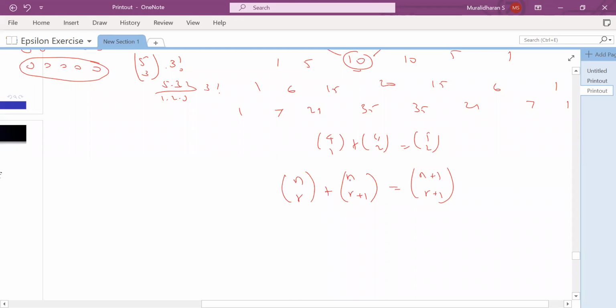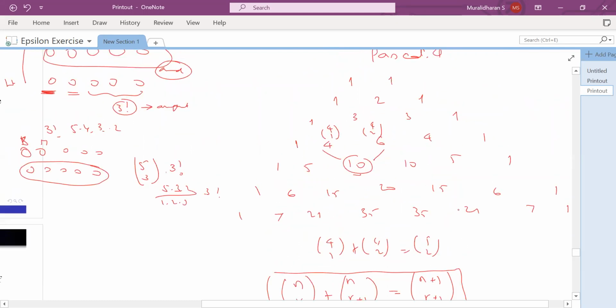So this is very easy to prove. And more than that, we want to prove something more interesting than this. This anyway, you can easily see.